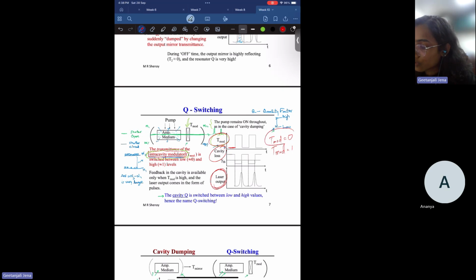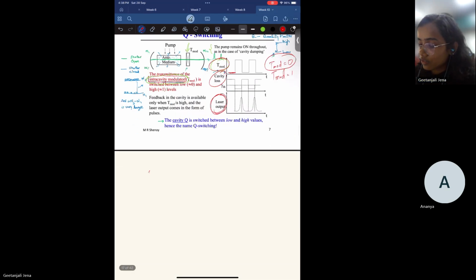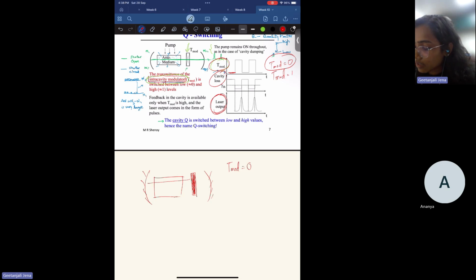So when the shutter is closed, what will happen? So let me take a blank slide. So you have a cavity here, and you have the amplifying medium, and you have an intracavity modulator, which is this one. So when the shutter is closed, that is T mod is 0, whatever light is incident on this modulator will not be able to pass through it.